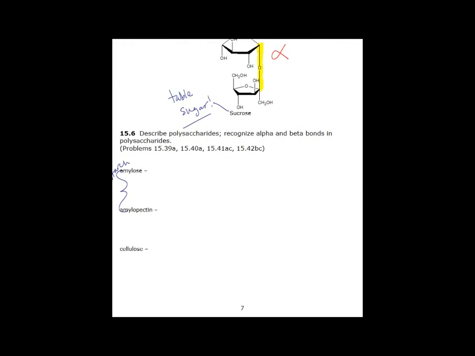So amylose is alpha 1 to 4 prime glycosidic linkage. Amylopectin has alpha 1 to 4 prime glycosidic linkages plus some alpha 1,6.